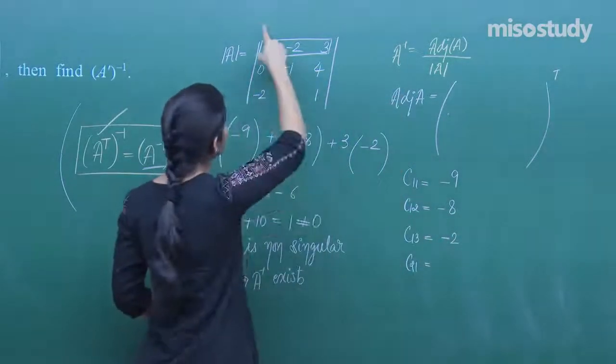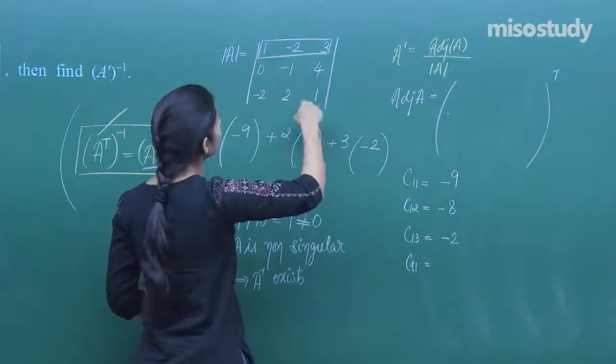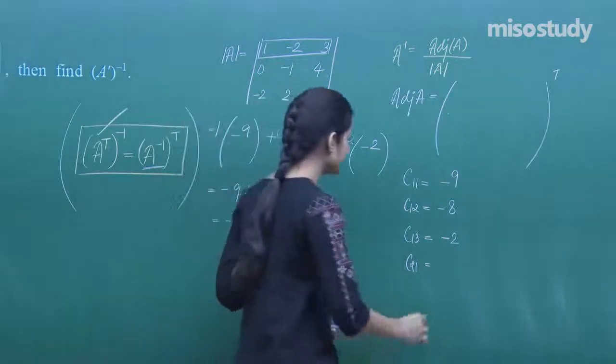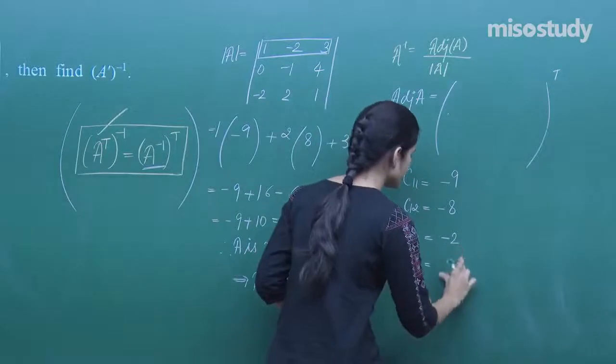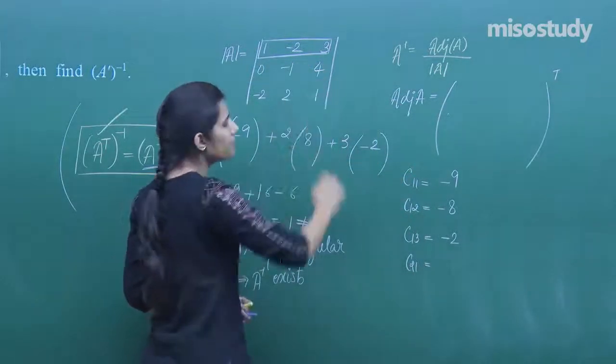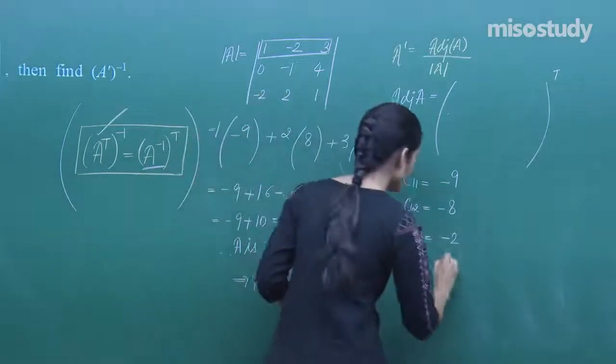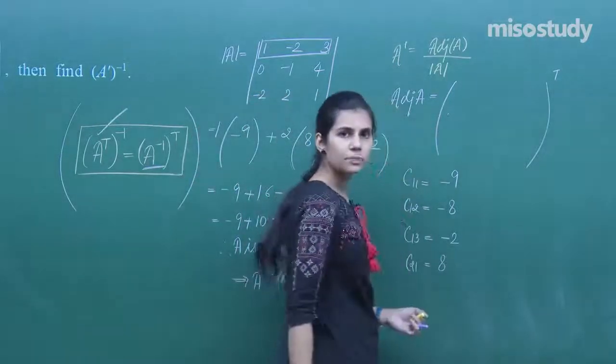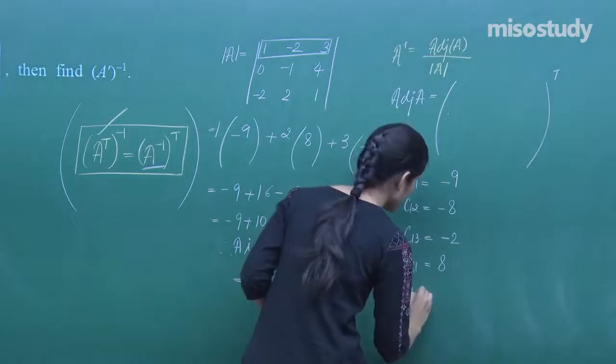C21 will be minus 2 minus 6, which is minus 8, so it will be just an 8 because minus 1 to the power 3 is minus 1.